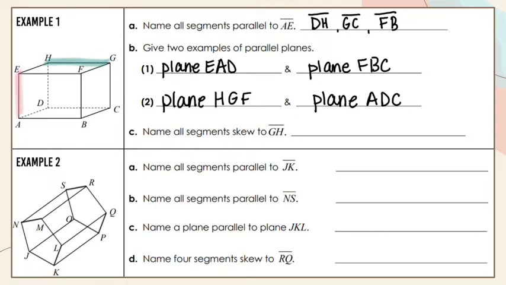But if we look at this line and this line, they will never intersect with GH, but they're also not parallel. And the same applies to this line and this line. So the segments that are skew to GH are EA, AD, FB, and BC.